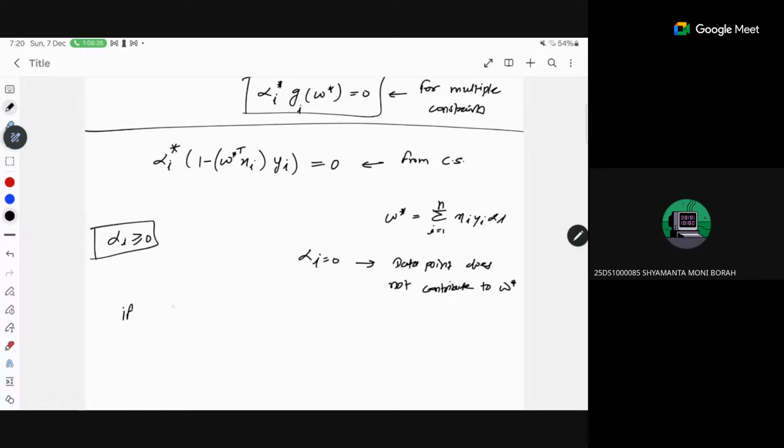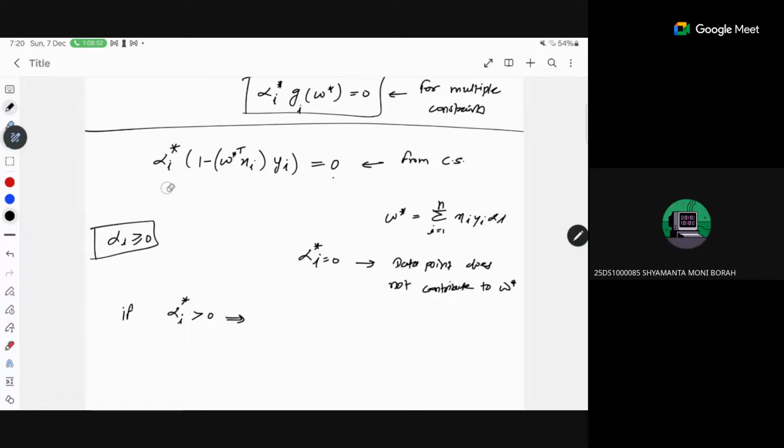If alpha i star is greater than 0, then what will happen? If this is greater than 0, then what will this quantity be to make the right hand side equal to 0?